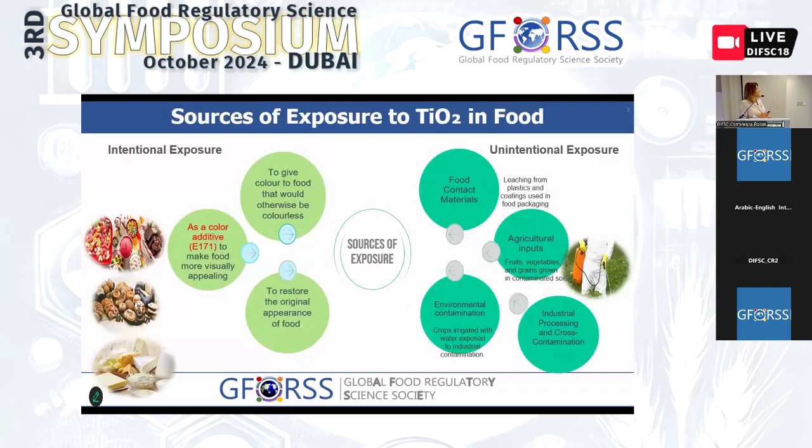The sources of exposure to titanium dioxide in food are intentional, as a color additive, and unintentional, from leaching from plastic and other packaging materials, from agricultural inputs such as fertilizers and pesticides, and also from environmental contamination through irrigation water or contaminated soil.